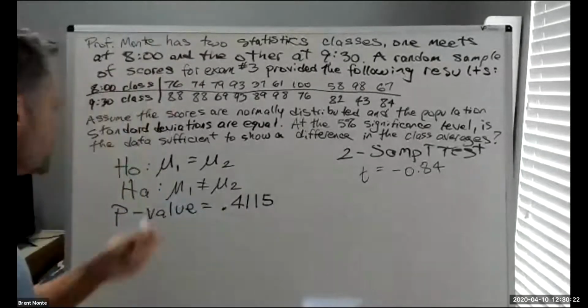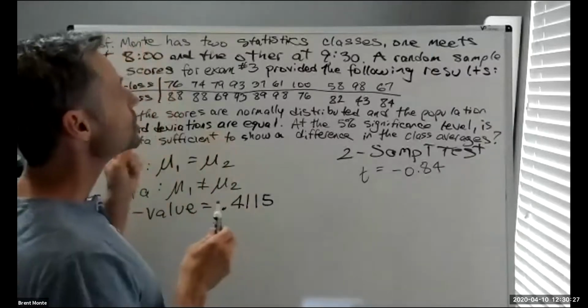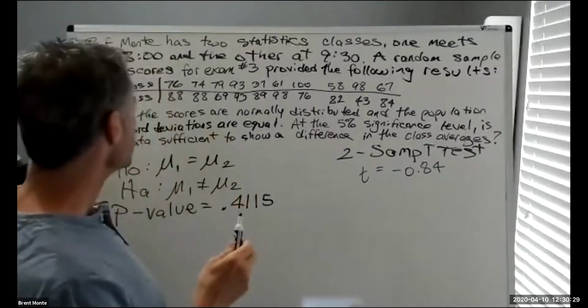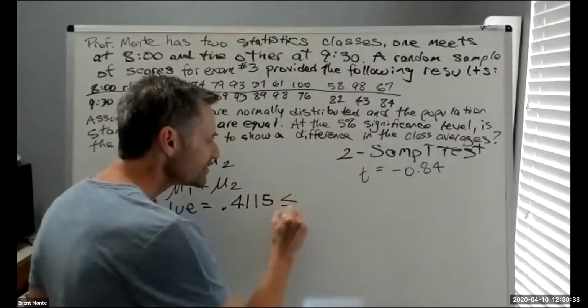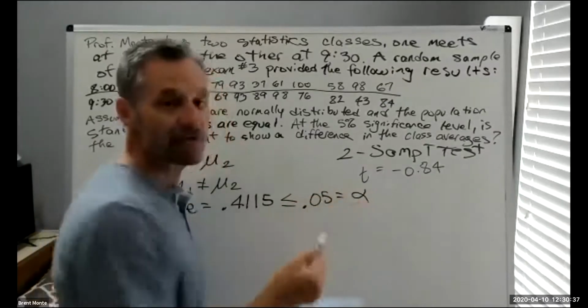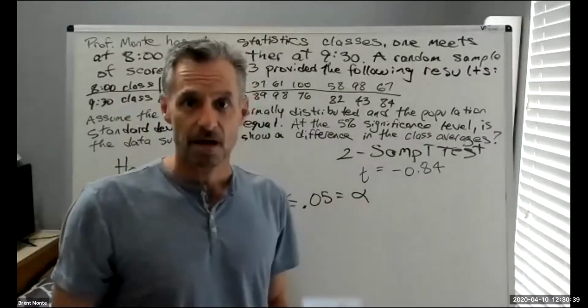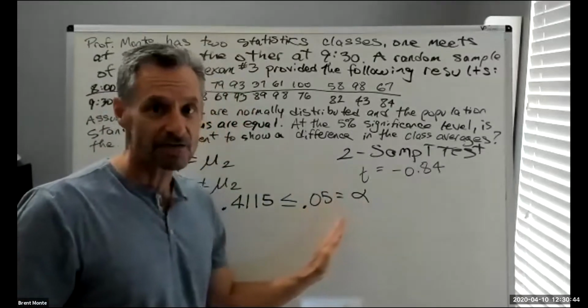Okay, so remember what we do is we compare the p-value to the significance level. In this case, it says at the 5% significance level. So I check to see if the p-value is less than or equal to 0.05, which is alpha, my significance level. And again, remember what this is saying. 5% is my cutoff.